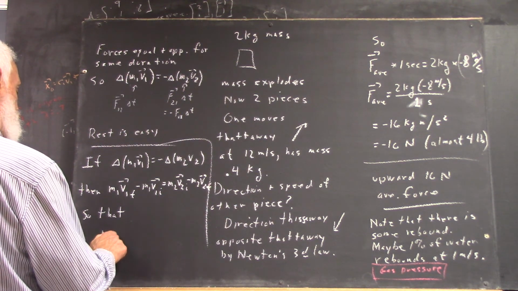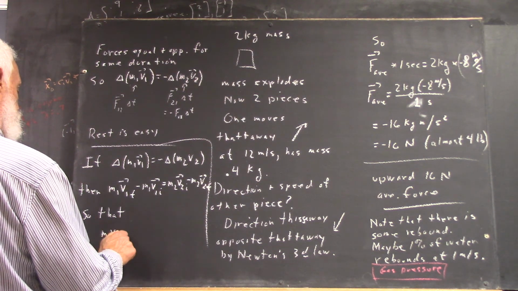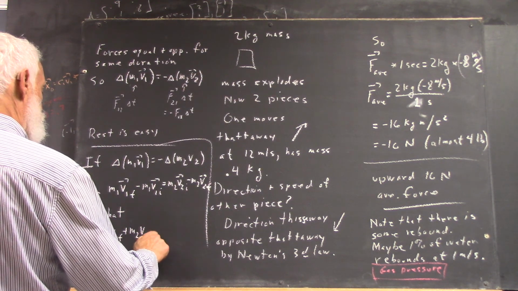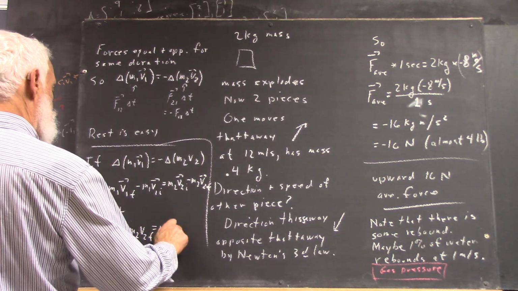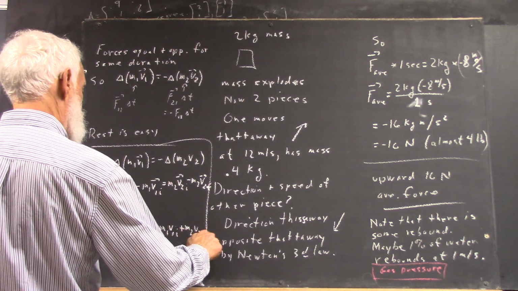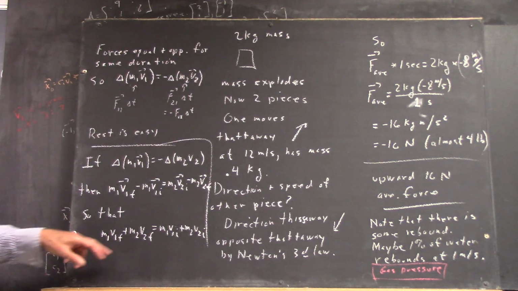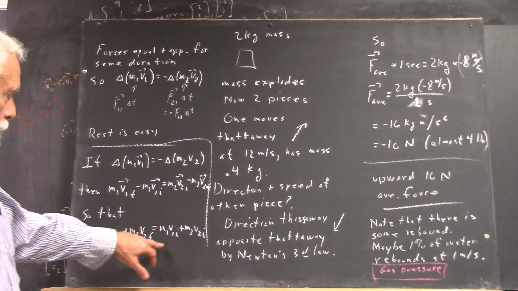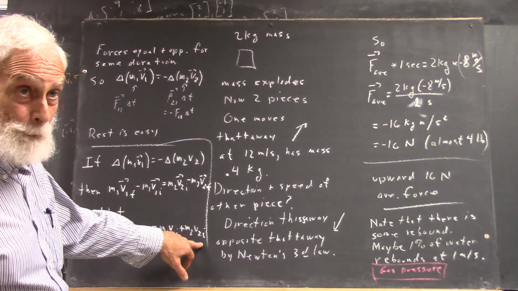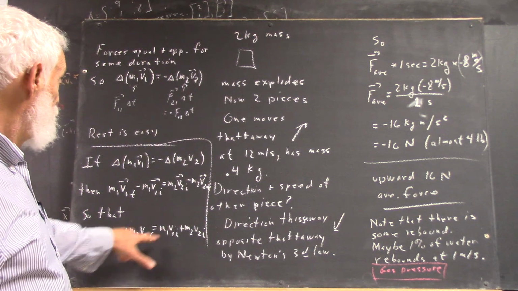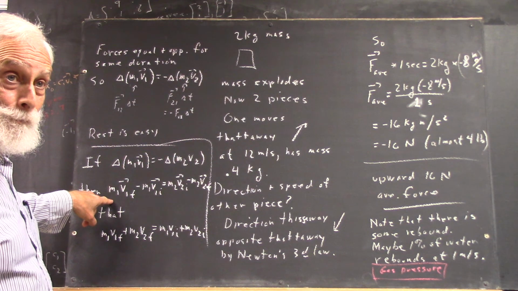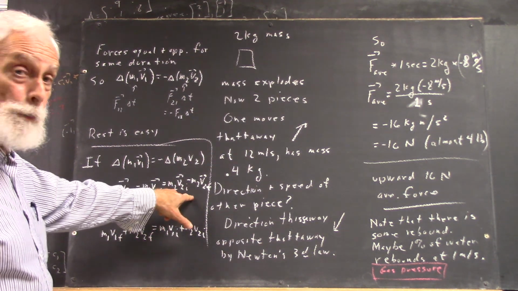We can write m1v1f plus m2v2f equals m1v1i plus m2v2i. In other words, we got a negative m2v2f here that can come over with this one, right? And we have a negative m1v1i that can come over here, and it's obvious.